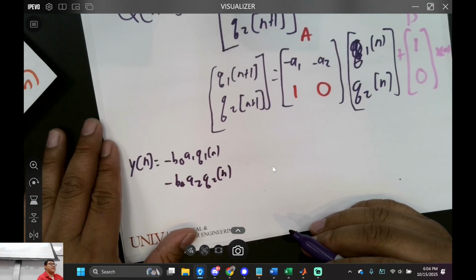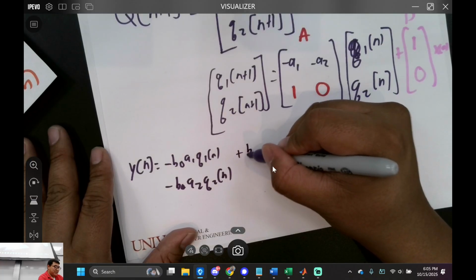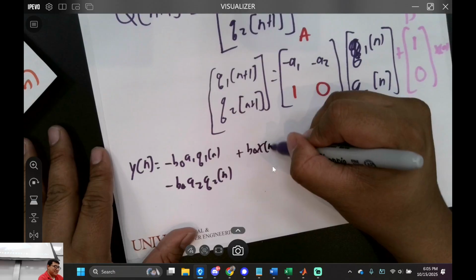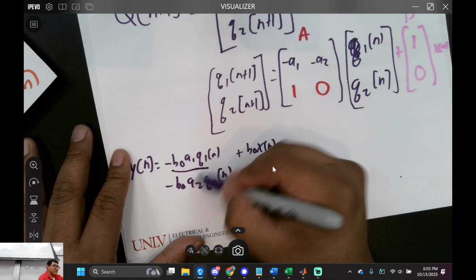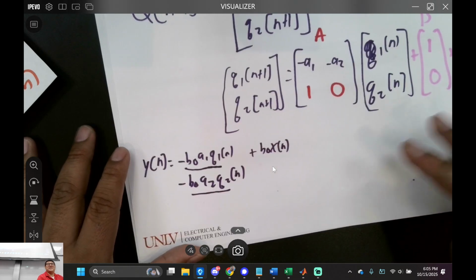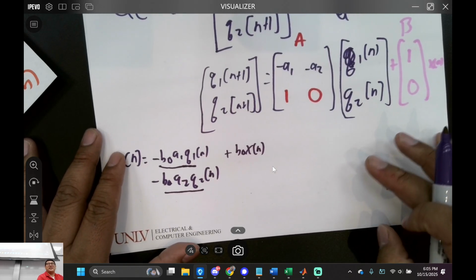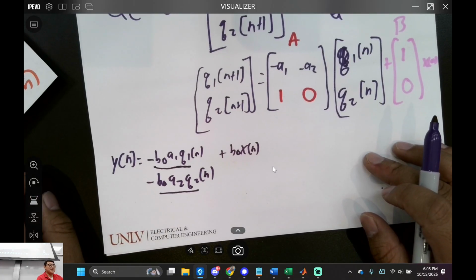Is that good with everybody? Plus B0 x of n. There's a reason why I wrote it like this. See this pattern? A1 Q1, A2 Q2. This is a patterns class, by the way. You'll start seeing things like light bulbs, and you'll figure out ways to make your MATLAB lives easier.